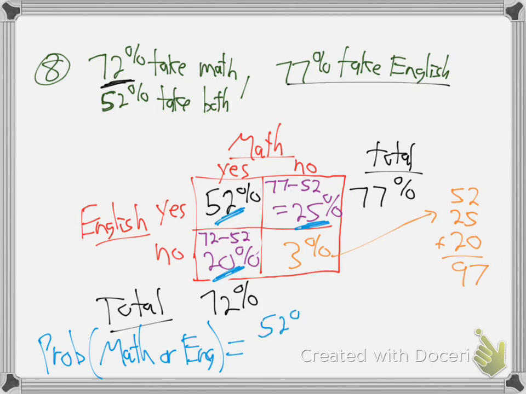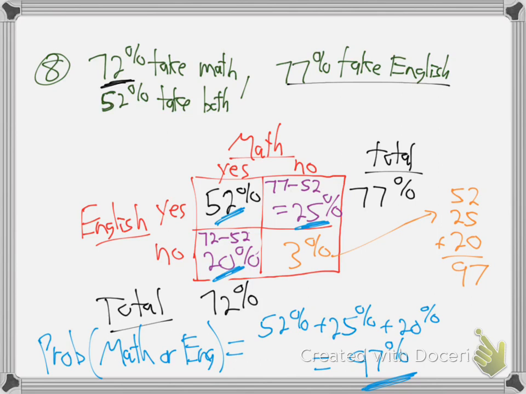So 52% plus 25% plus 20%. Now on one like this, you could divide by the total if you want, but the total is just 100%. So with percentages, we don't need to divide. It's already percent. So that's going to be 97%. 97% chance that they're taking math or they're taking English. We good there? Is that making sense?